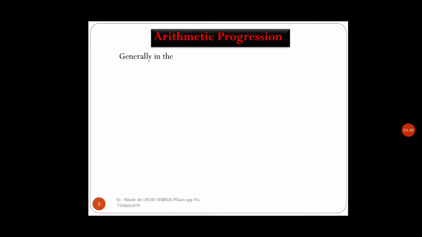Generally in the AP, T1 is the first term, T2 second term, T3 third term, T4 fourth term, and so on. If the first term is A, meaning A is equal to T1, and the common difference is small d.